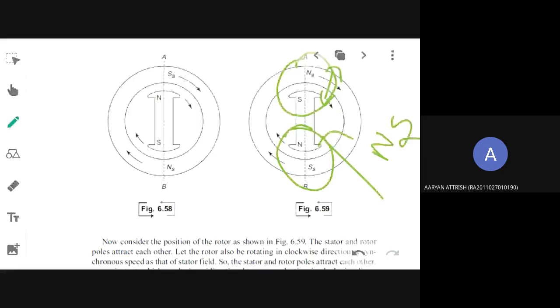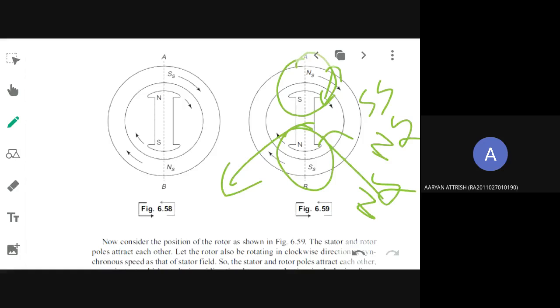If you are able to bring the rotor to such a position, then it will get attracted and the stator field will be rotating at a synchronous speed. Along with it, the rotor will also rotate. That is why you have to use some mechanism to bring the rotor to run at a synchronous speed, similar to the stator field.